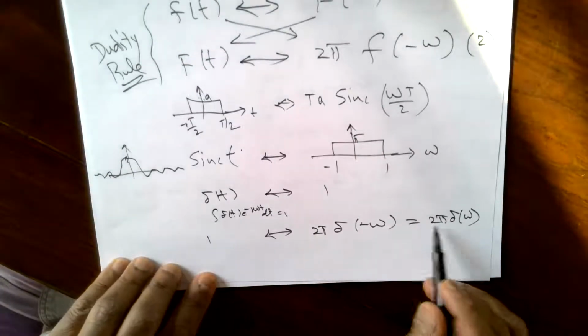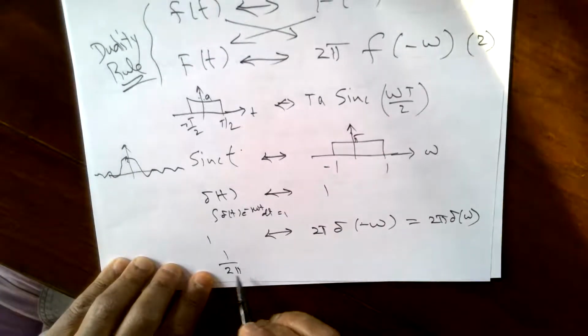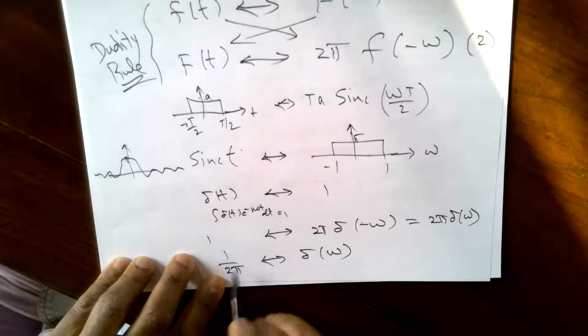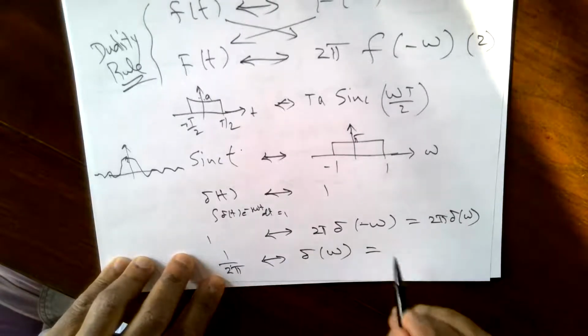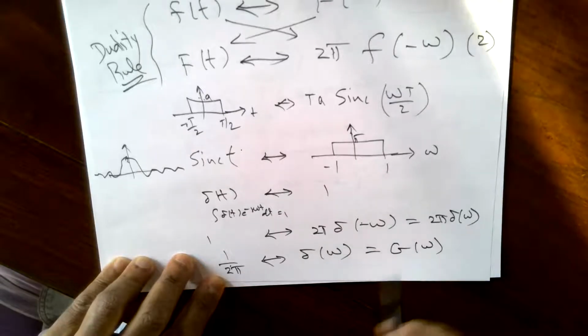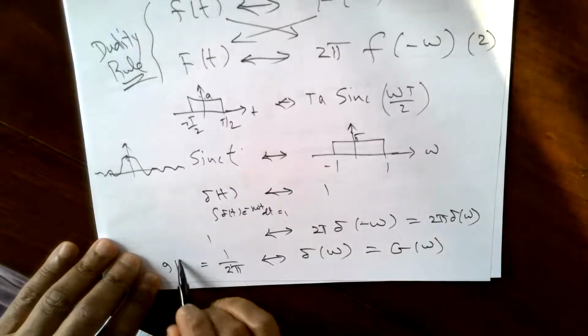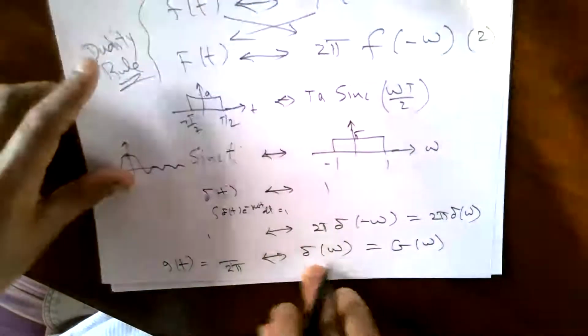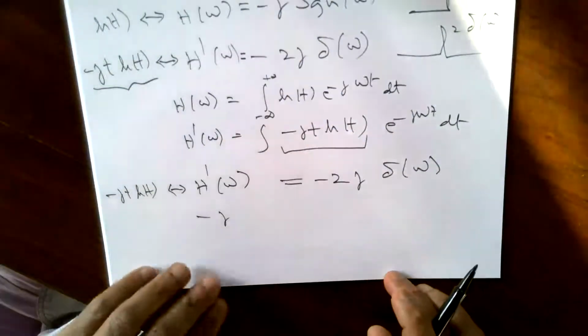One has a transform of 2π delta ω. So we also know that delta ω has an inverse transform. If you call this some G(ω), then the corresponding time function is g(t).